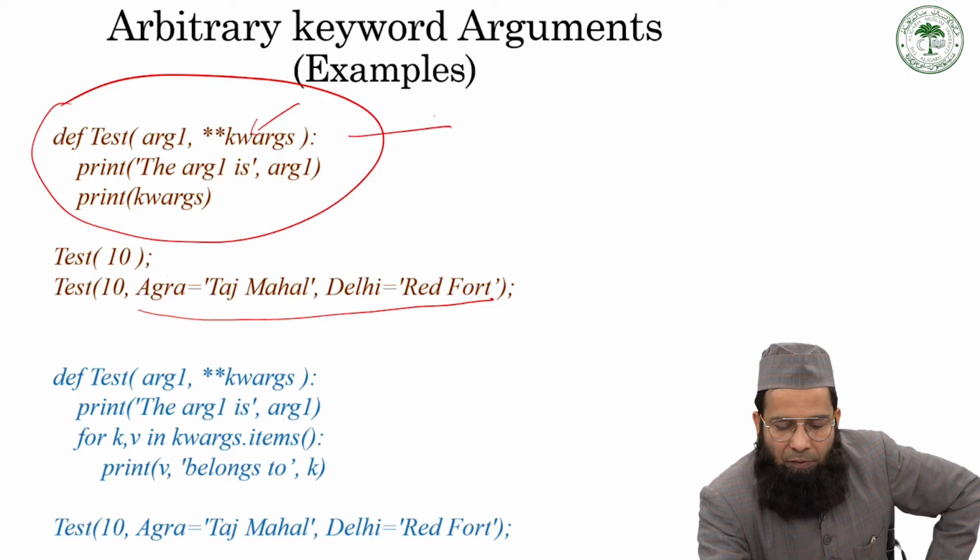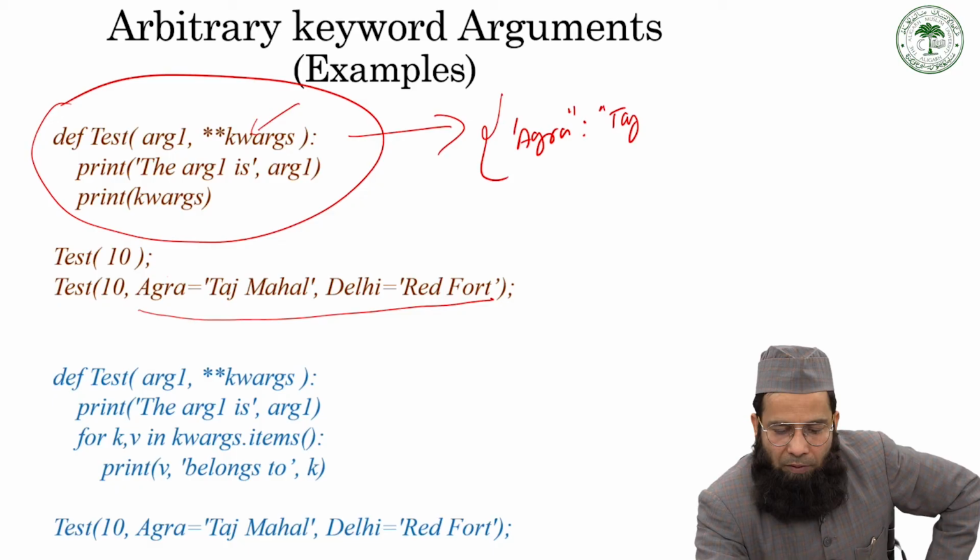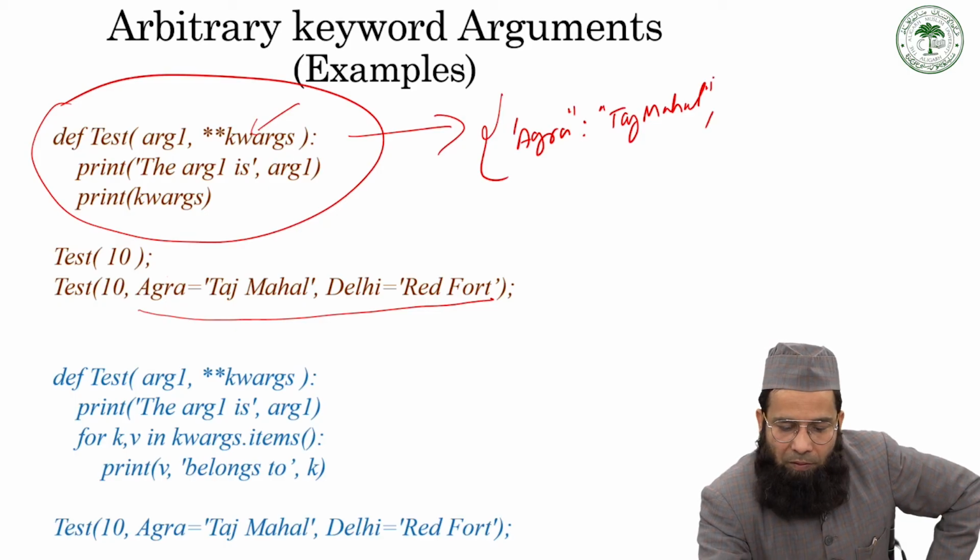So somehow it will be stored in this format: Agra, colon, Taj Mahal, and then comma, Delhi, colon, Red Fort.